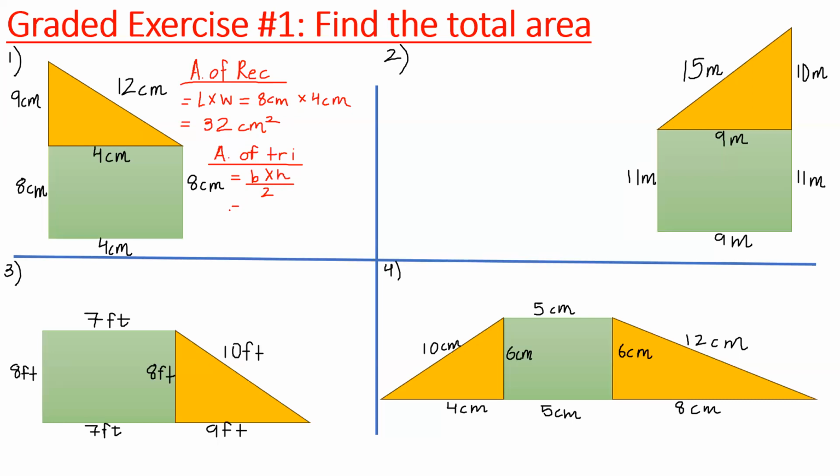The base is 4 centimeters. Good. What's the height? The height is 9 centimeters. So 4 times 9 is what? 4 times 9 is equal to 36. Divided by 2 is 18. Very good. 18 centimeters squared.